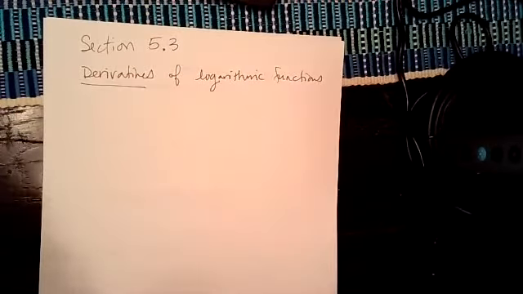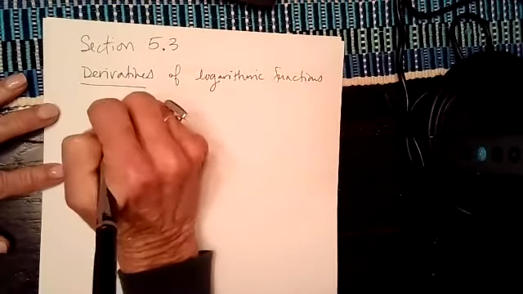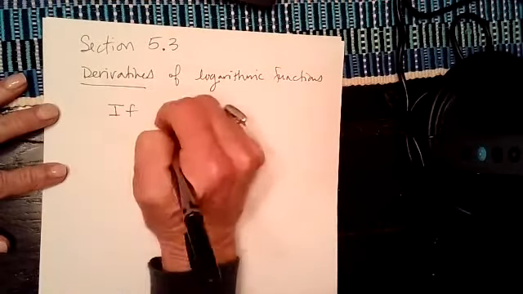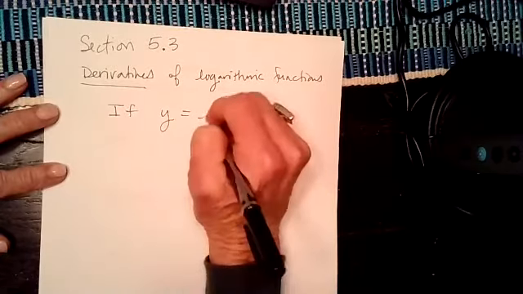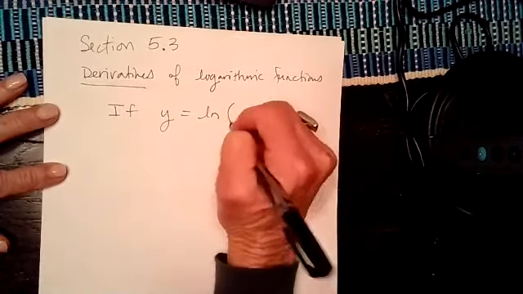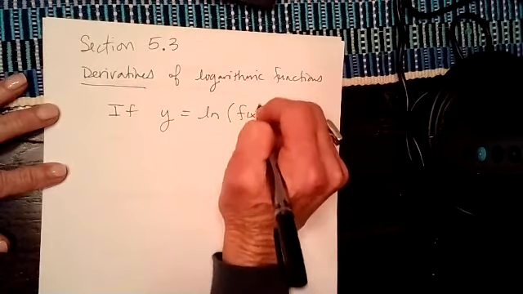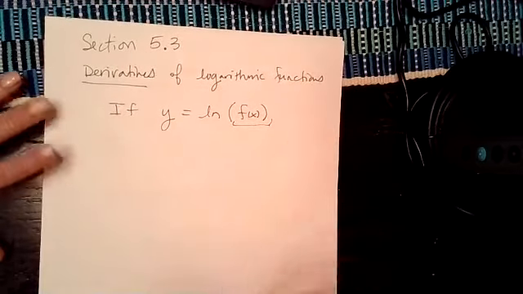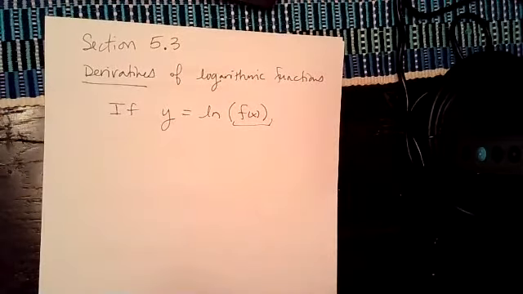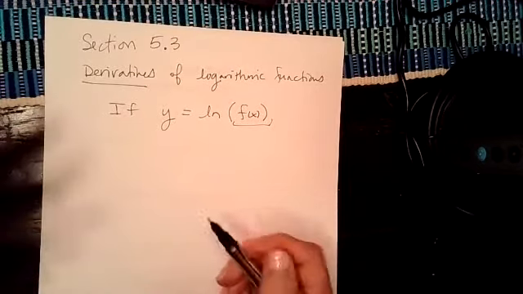It's got its own rule, and here it is. If y is equal to the ln, the natural log of a function, the f of x is the argument of the ln. It can't be separated. That's not two different functions, that's one function.